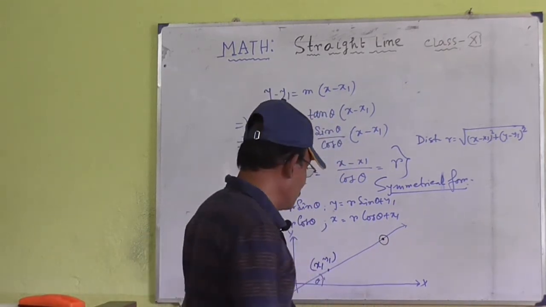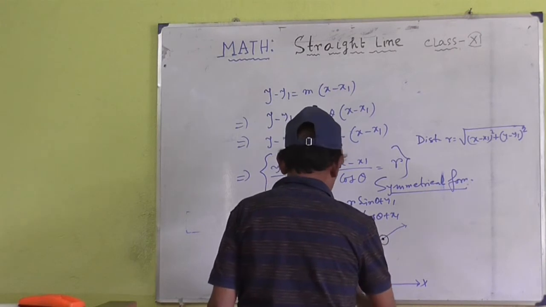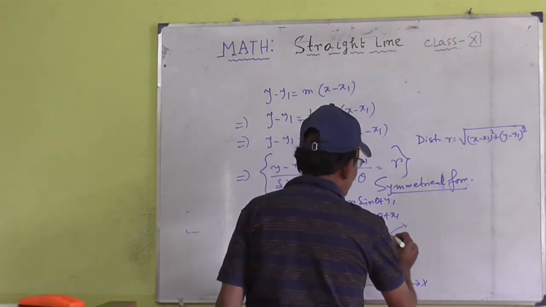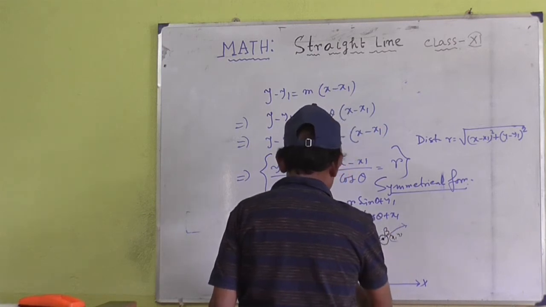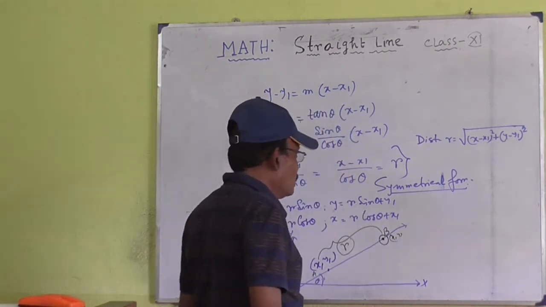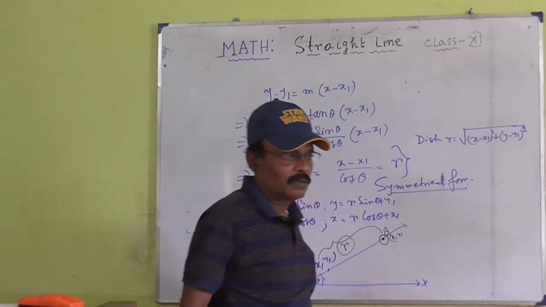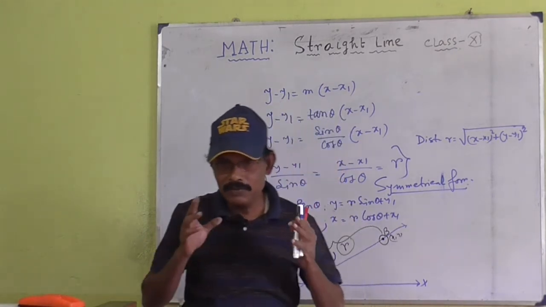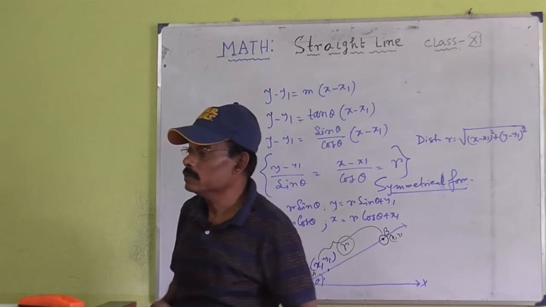R is the distance between the two points. Let us take this is A and this is B. So this distance is r. Clear? In this way, we find the distance between the two points. Okay. This is a very, very important equation.